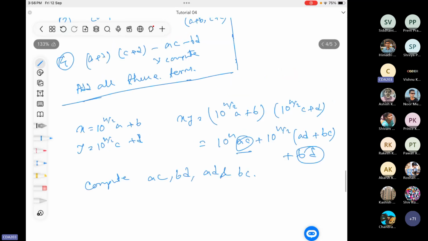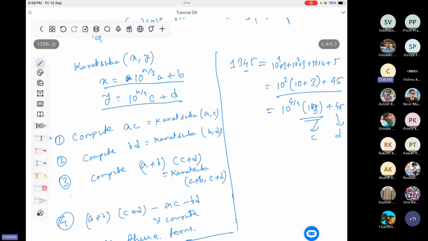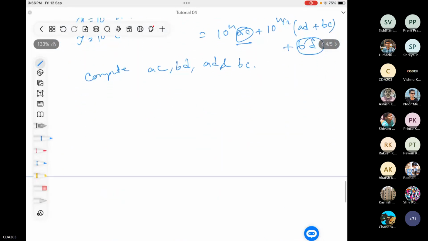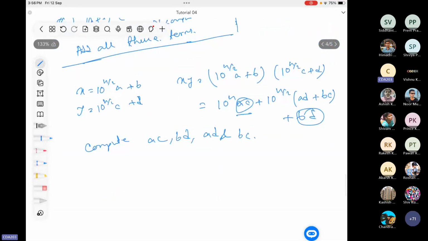Steps 3 and 4 seem meaningless or unnecessary, because we can directly compute AC and BD, then AD and BC, and then directly compute the multiplication of XY, right? Still recursive calls, but why are we doing this A plus B, C plus D? It's not needed, right? You can directly do AD and BC. Why does he do this kind of thing?